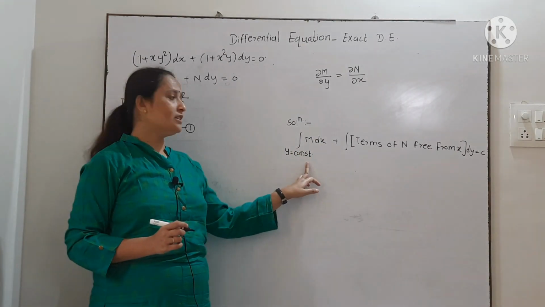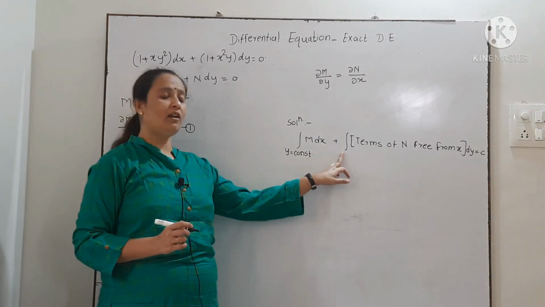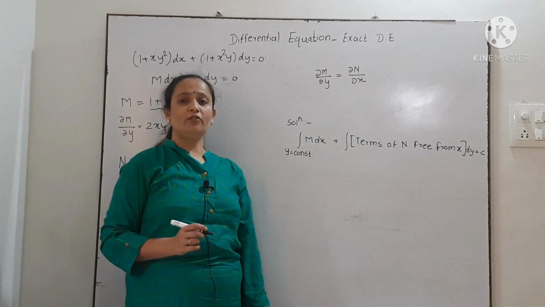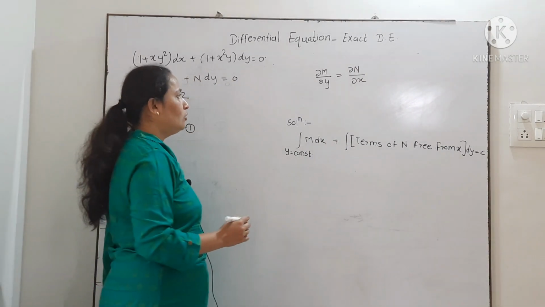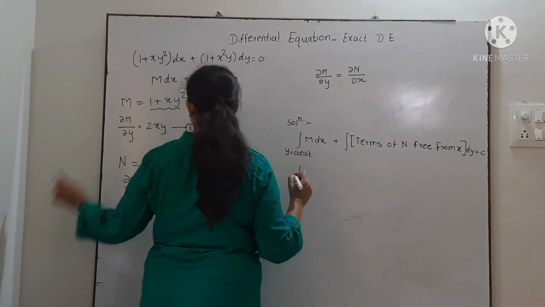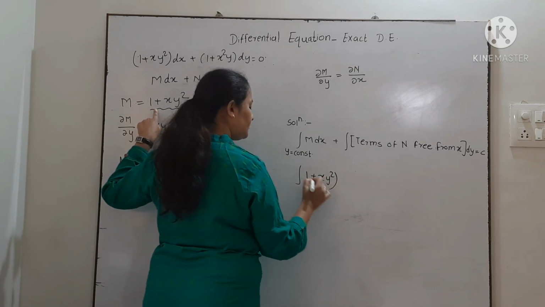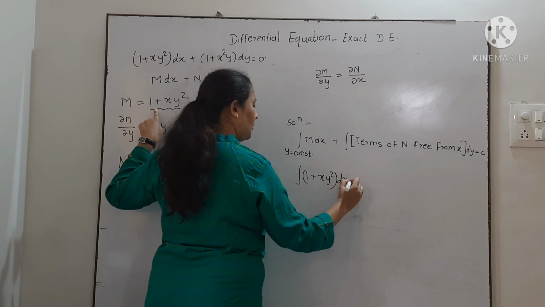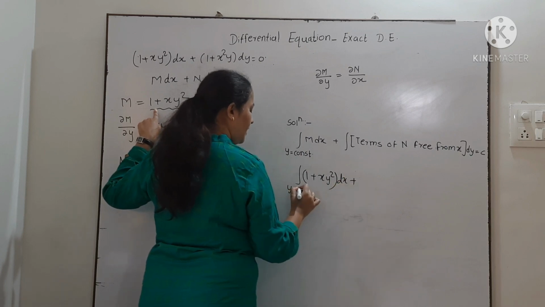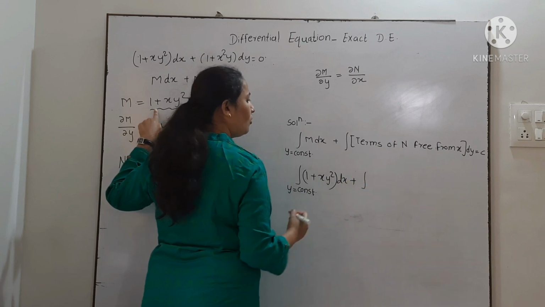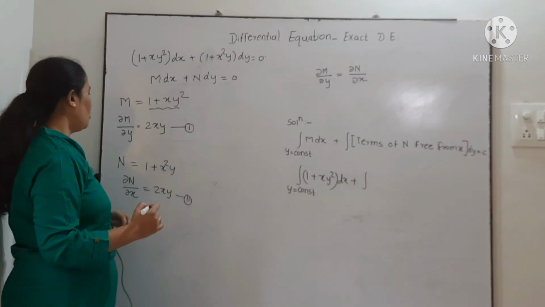and if the equation is exact, its solution will be given by integral M dx treating y as constant plus integral of terms of N free from x dy equal to c. That is, integral of the value of M, which is 1 plus xy square, dx, we are treating y as constant, plus integral of terms of N free from x.